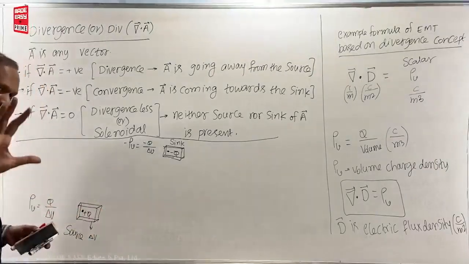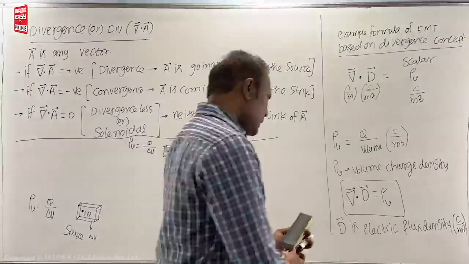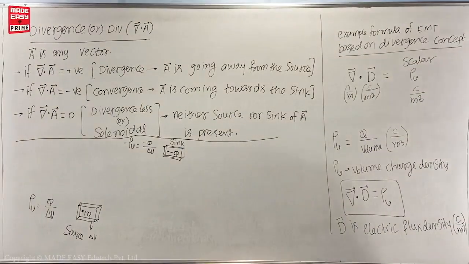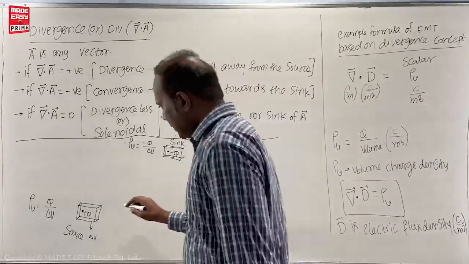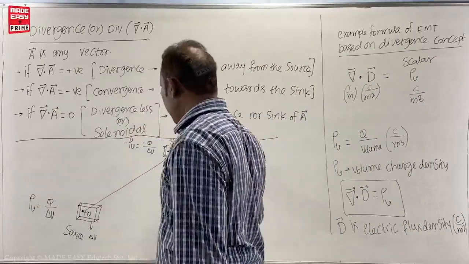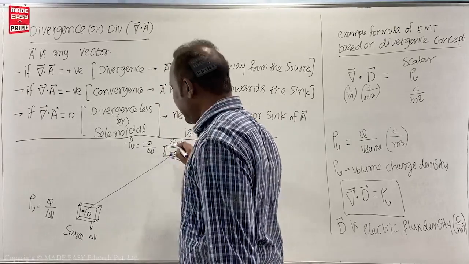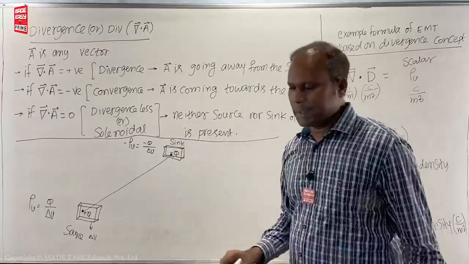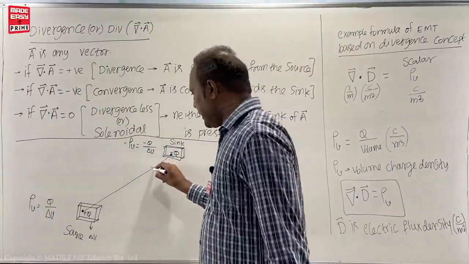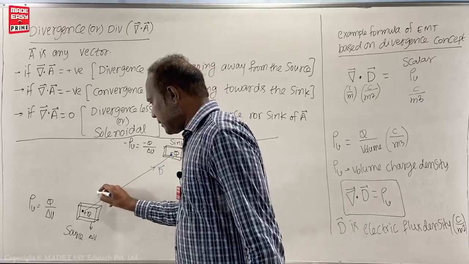The concept is electric flux density lines. Later on we will discuss that. Electric flux density lines start on the positive charge and go to the negative charge and end there. So the D bar lines go like this and end there.